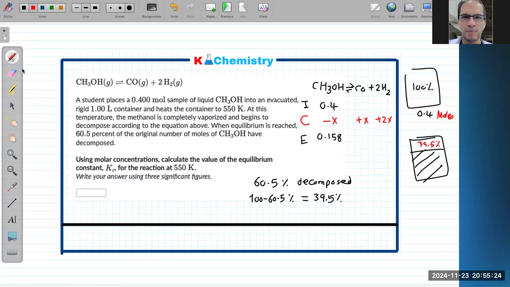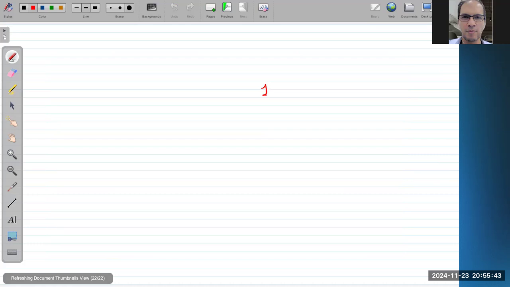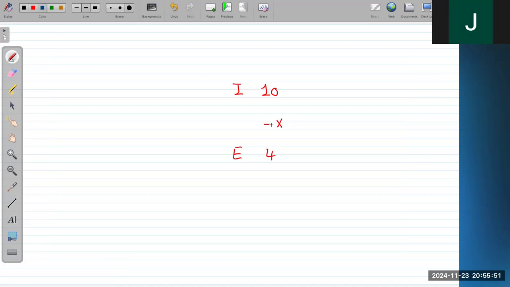So what do I need, Mr.? I used to have 0.4 and now I have 0.158. So how much did I lose? Just subtract, right? Yes, because if you started initially with 10 and you ended with 4, this means that your x value is 0.242.